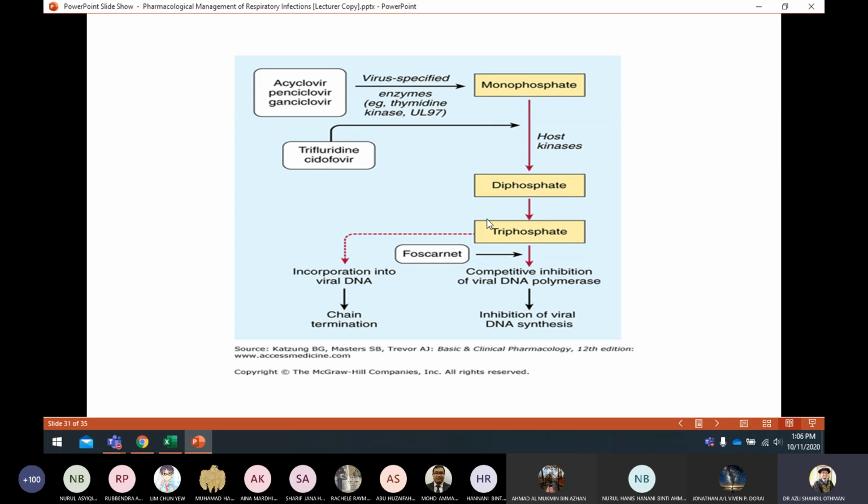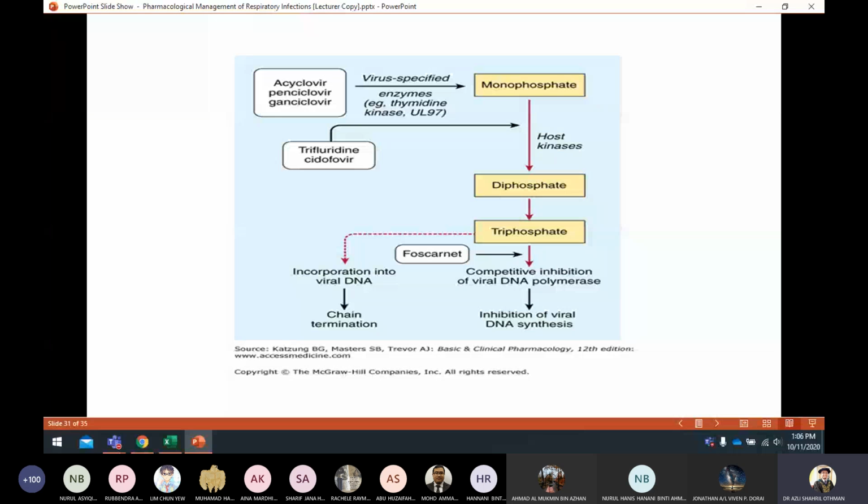So that's the same for acyclovir, ganciclovir, and also a few other drugs. Even your drugs that are used for treatment of HIV, most of them will require activation by triphosphorylation. The main difference is foscarnet does not require all that. It can go straight to the competitive inhibition of viral DNA polymerase.